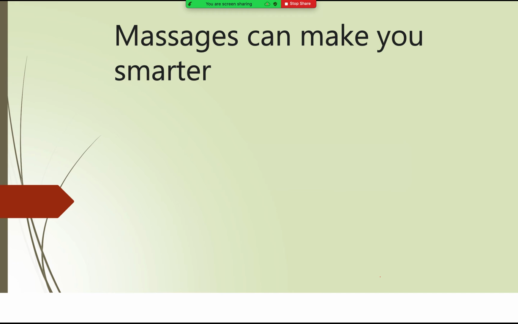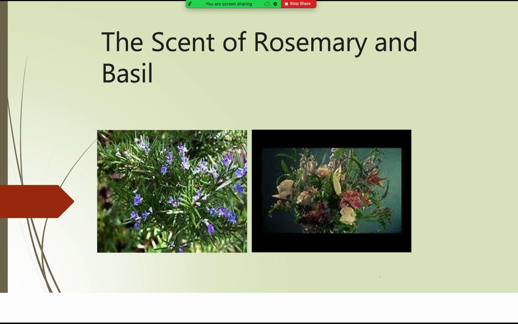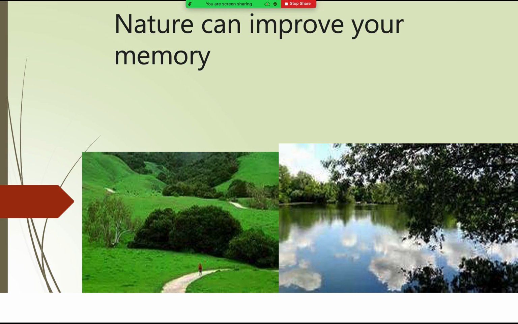Then, for example, if you want to memorize something, similarly, as I had said, you can try to use the smell of rosemary versus basil. And then natural environments are the best healers. They not only give us a chance to think, but also please our internal states of emotions.